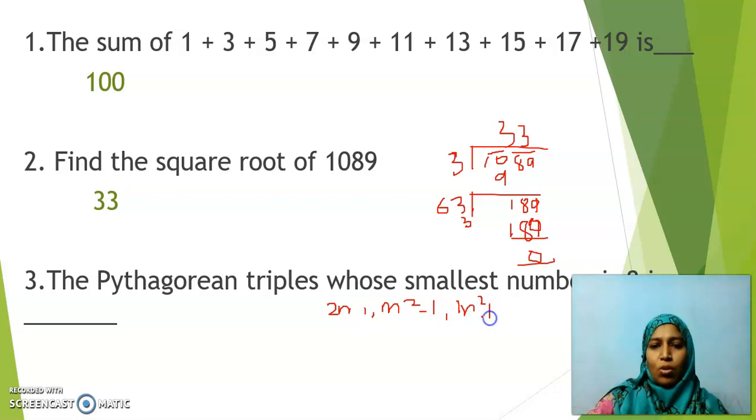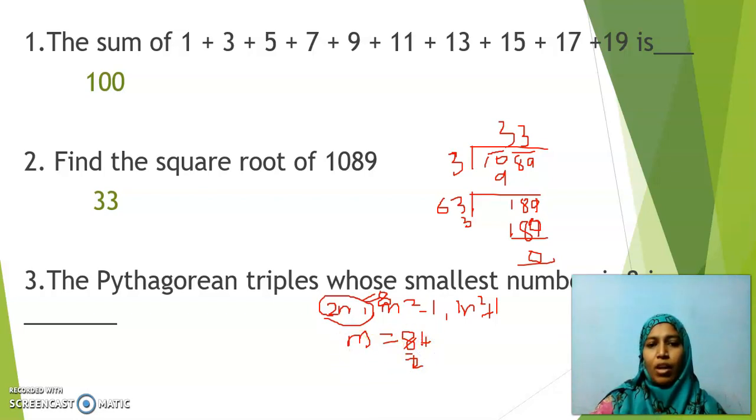I have already told you, as per this property, 2m will be the smallest number because m squared itself will be a bigger number. So I compare 2m is equal to 8. They have given the smallest number to be 8. So from this I get m is equal to 8 by 2, because 2 gets transposed to this side, and we get 8 by 2, and ultimately 2 4s are 8.